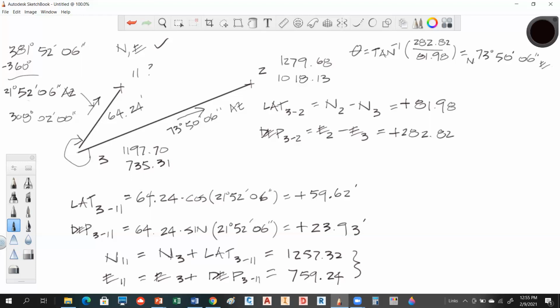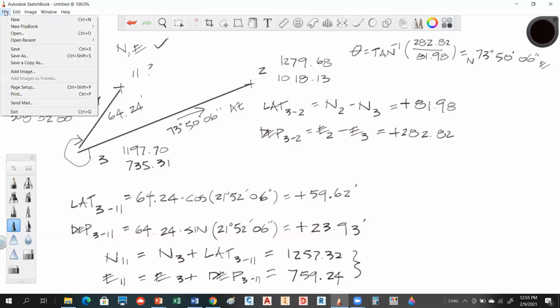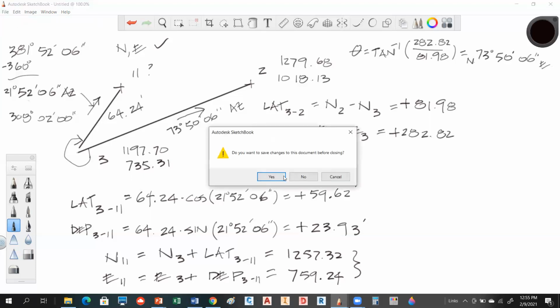Okay. All right. So let me put the point for point 4. In this case, I'm going to try to diagram it like it shows. We've got 4 sitting down here somewhere. 3 is kind of up here. And then we've got 12 sitting over here. Again, not to scale.